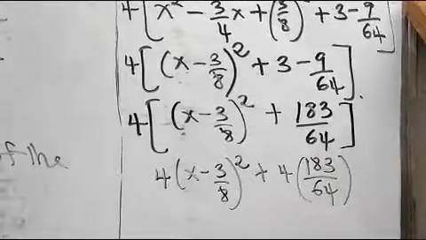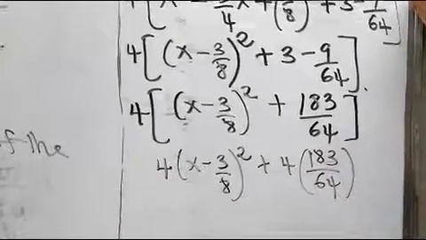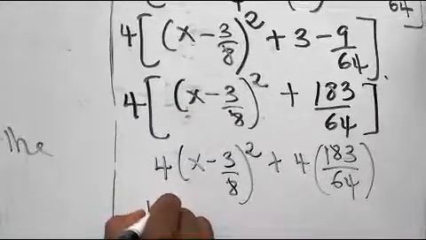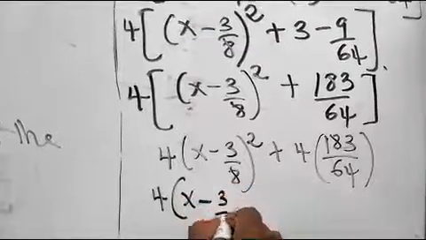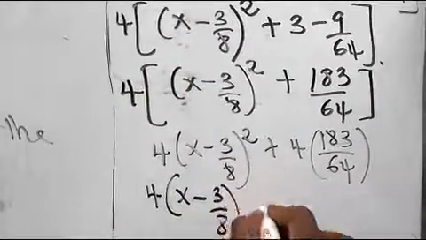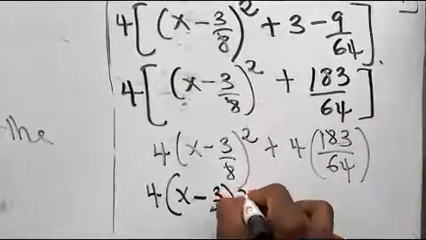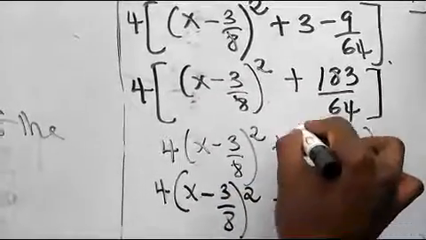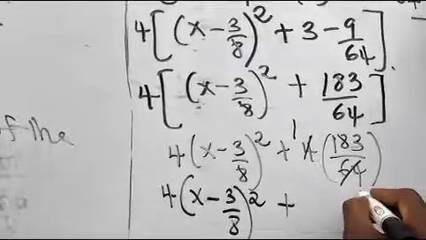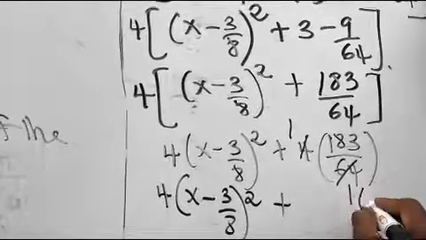So we simply have 4 into (x minus 3 on 8) all squared plus, 4 goes here one time and 4 goes into 64 sixteen times.